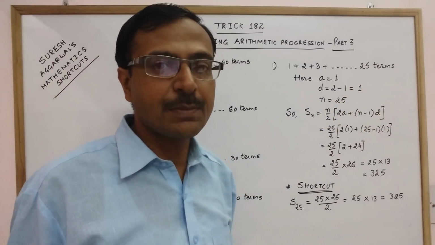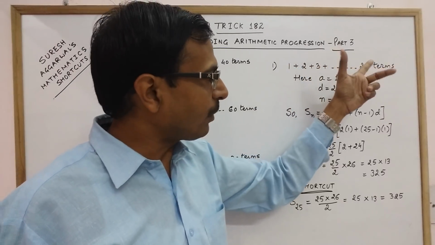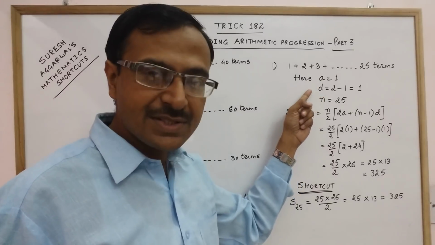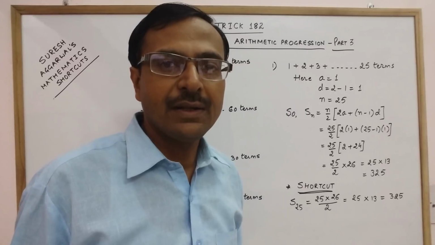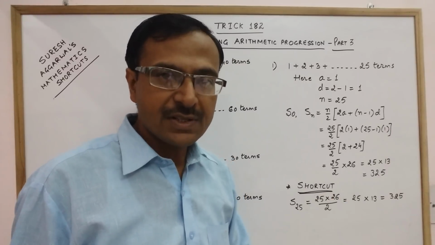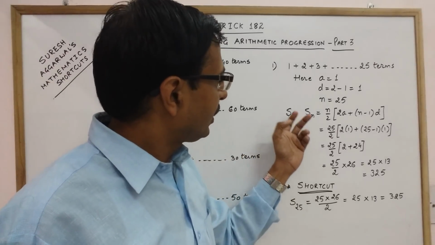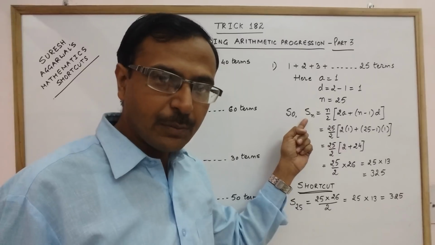So the number of terms is represented by n. So in this given problem we know the value of the first term A, the common difference D, and the number of terms n. Now we are required to find the sum of these first 25 terms. For finding this sum, we can apply this formula of arithmetic progression.